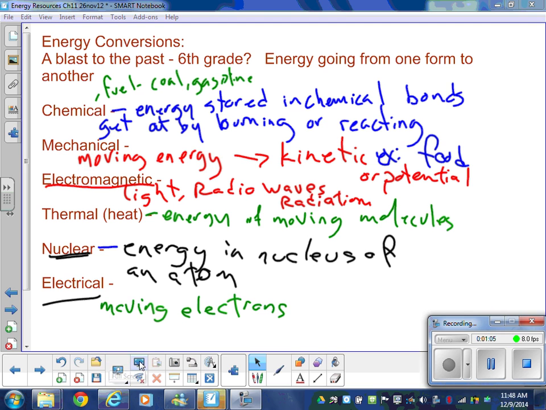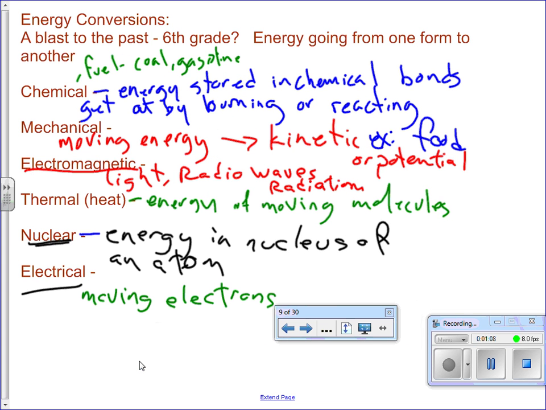So this is the summary of the different types of energy that you probably learned about in 6th grade. Electrical energy, again, is one that's very useful for us, but the problem with electrical energy is we have to find a way to generate it. And as we'll talk about as you go through the chapter, most of the electricity we use is from coal-burning electrical plants.